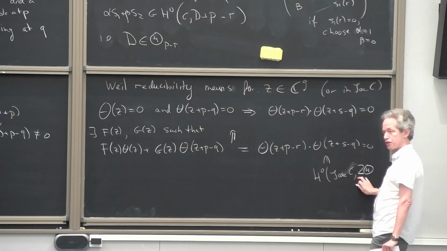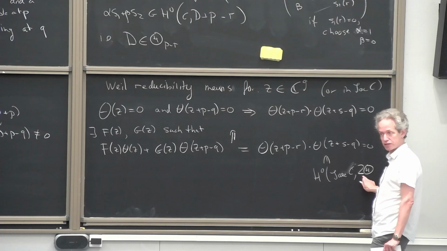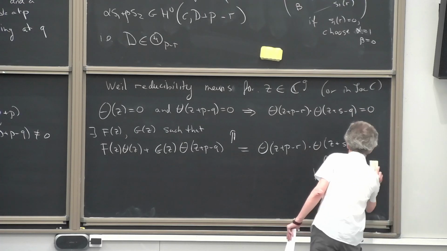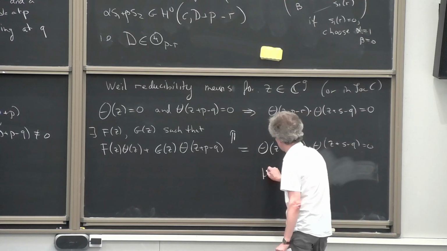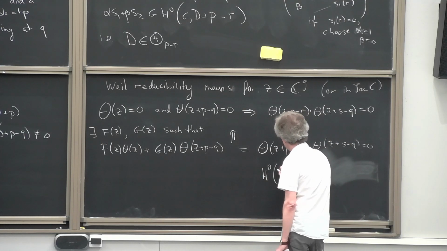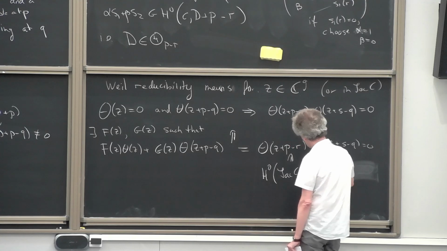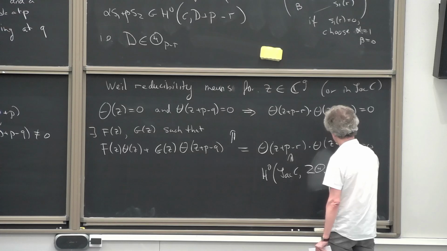I'm using algebraic geometry's notation for line bundles. So 2 theta is theta tensor squared. And then there is a translate. So let me write this better so that you can read. The right-hand side here is a section on the Jacobian of the 2 theta bundle, theta tensor squared, shifted by everything.